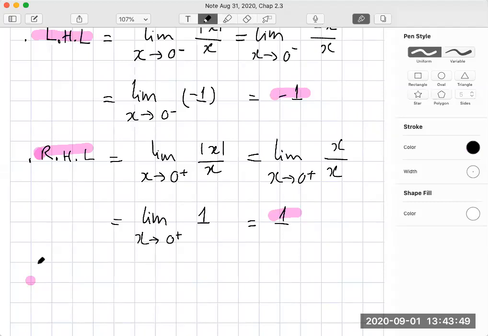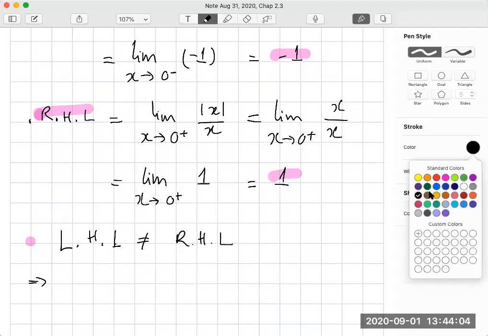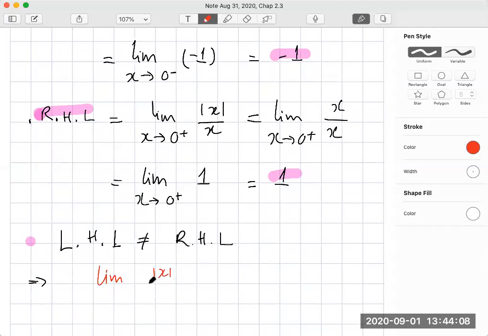It approaches from both sides, and these values are not identical. Okay, does not exist.